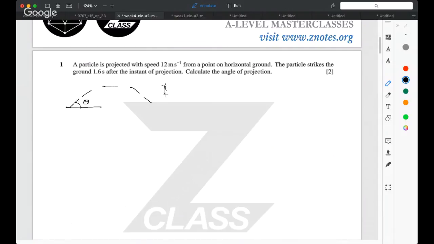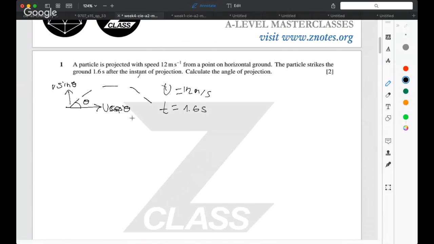U is 12, and the components are u sine theta vertically and u cos theta horizontally. Time equals 1.6 seconds. So I can do stuff now, and I can calculate the angle of projection.